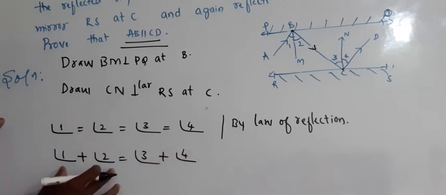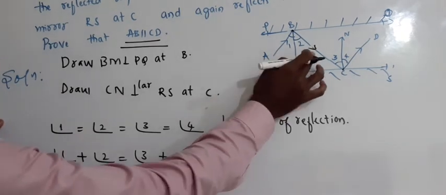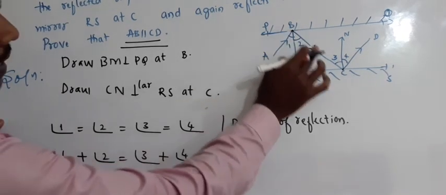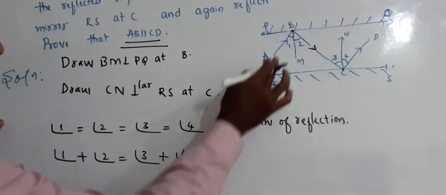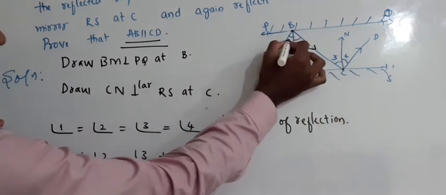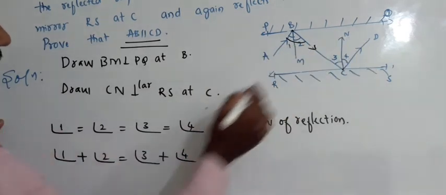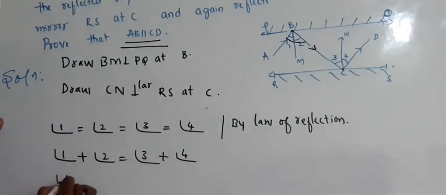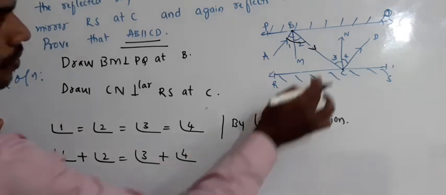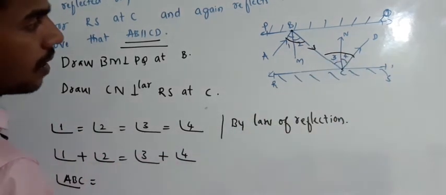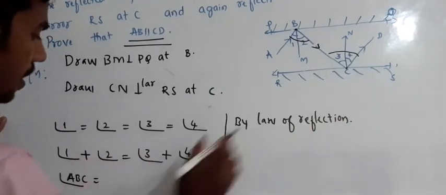What is angle 1 plus 2? Angle 1 plus angle 2 is equal to angle ABC. That is, angle ABC is equal to angle 3 plus 4, and that angle is BCD.